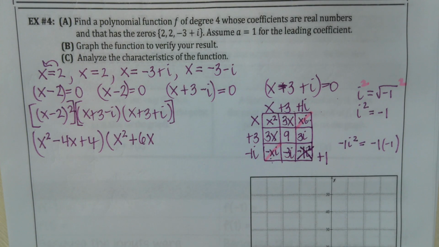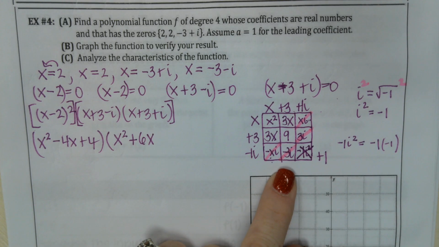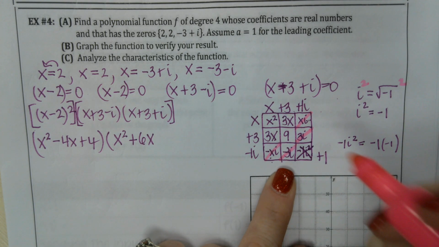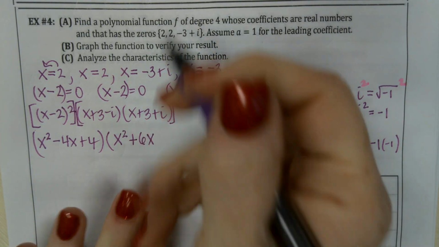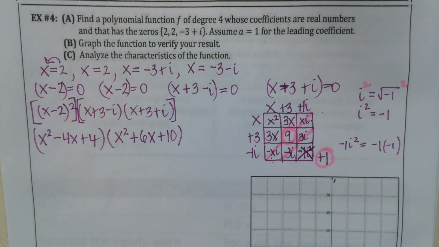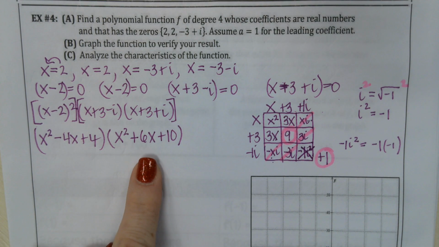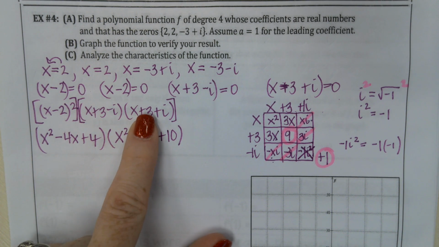Then I've got this negative 3i and positive 3i. That cancels out. But then I have this 9 and this positive 1. So that gives me a positive 10. Now, doesn't that trinomial look a lot better than all that ugly stuff?